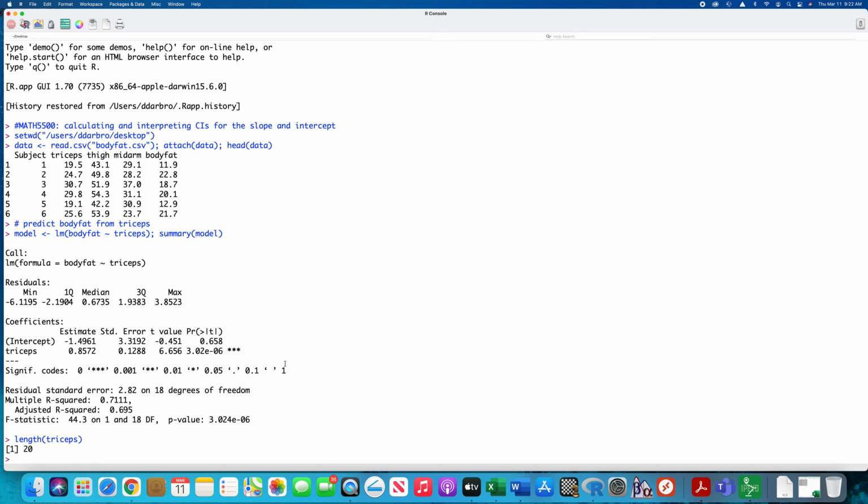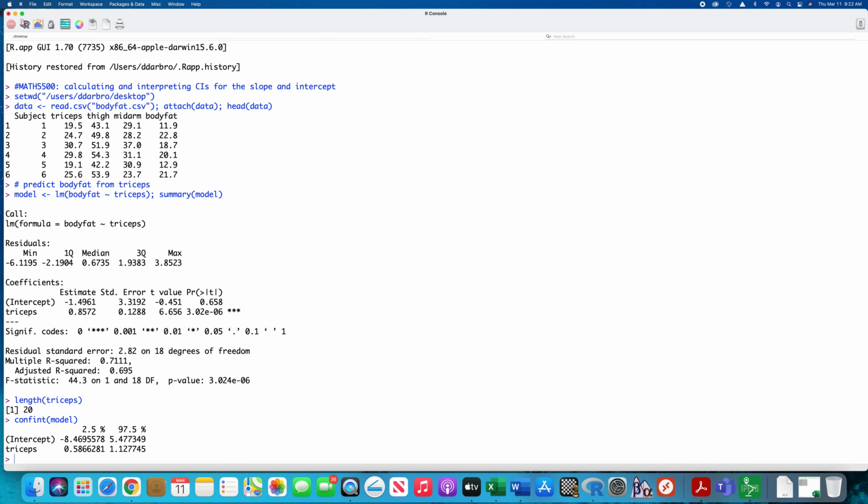Again, one of the lessons is inference for regression and ANOVA, and we dive into the weeds a lot deeper there. But let me just demonstrate it. So I have my model, and to get the confidence interval, it's easy. Just do confint of the model.